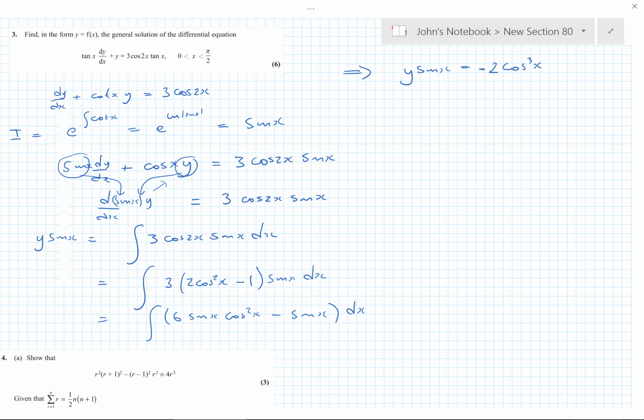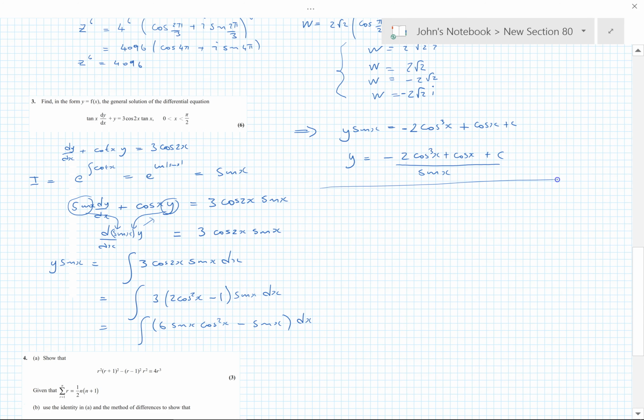Okay, so we need a minus there, and integrating the minus sin x gives us plus cos x plus c. Don't forget the c. Okay, so then that gives us y equals minus 2 cos cubed x plus cos x plus c all over sin x.